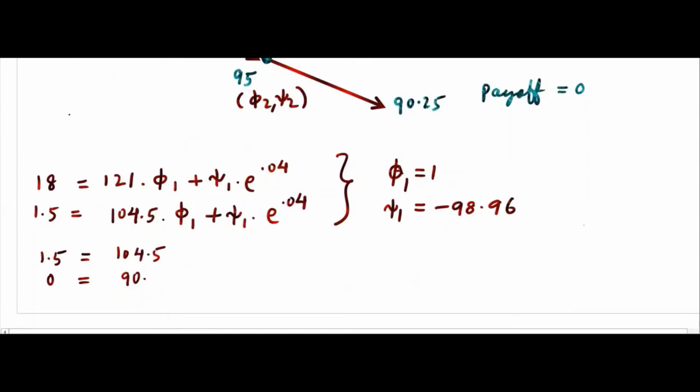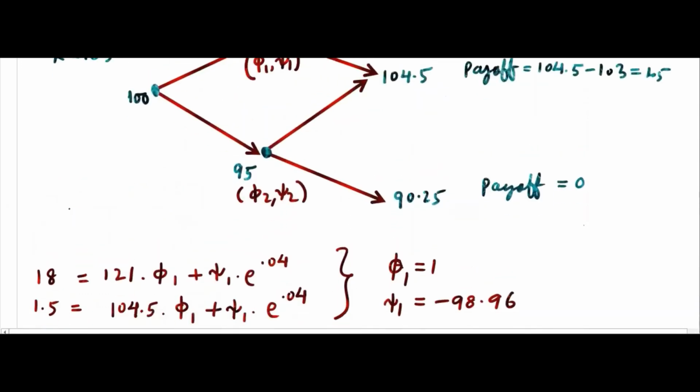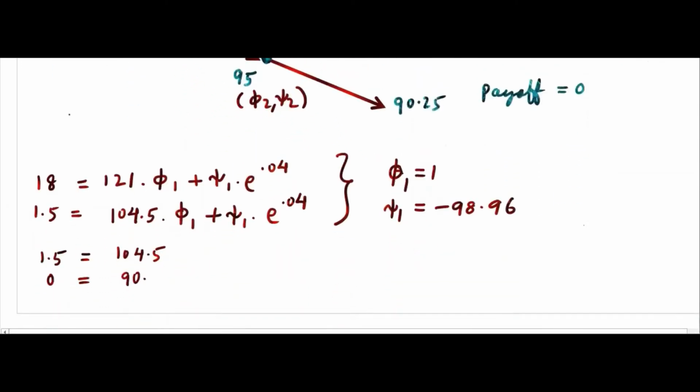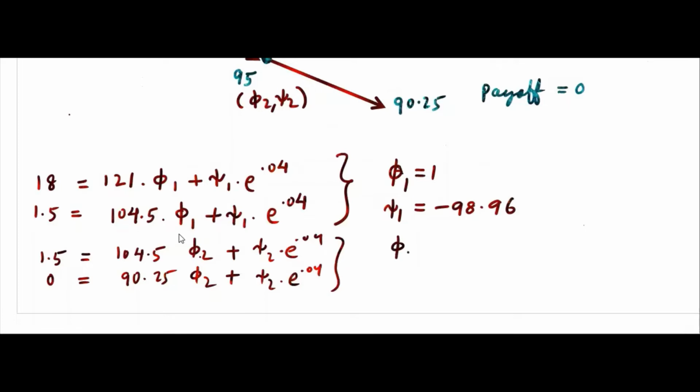Otherwise, you can directly write the formula. 90.25, phi 2, so you will get phi 2 psi 2 as well.